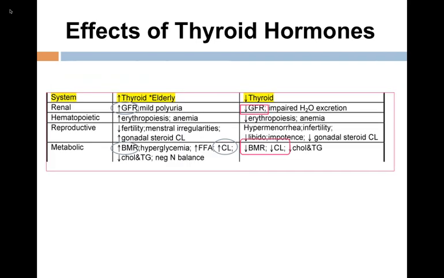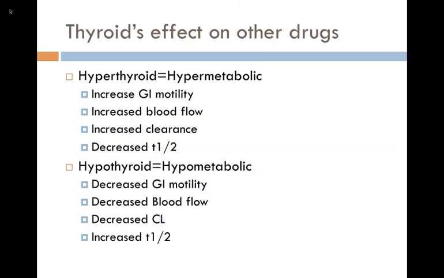Increase in GFR, increase in basal metabolic rate, increases in clearance, etc. for a hyperthyroid patient, and hypothyroidism would be the opposite. I think that hopefully you just can understand and remember. So you're going to see generally an increase in clearances in hyperthyroidism and a decrease in clearance in hypothyroidism. Okay, so I guess we've gone over that. Increases in GI motility, increase in blood flow, increase in clearance, decrease in half-life because of the increase in clearance, etc.